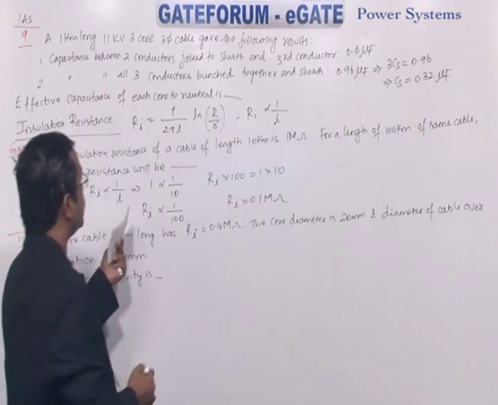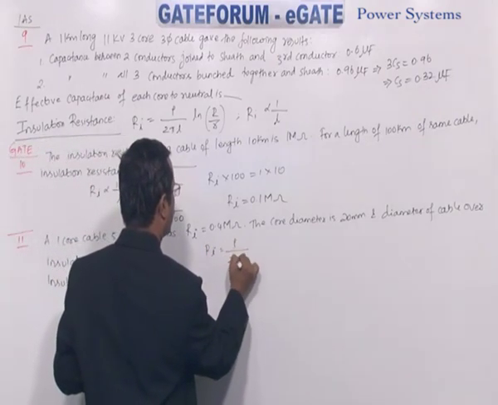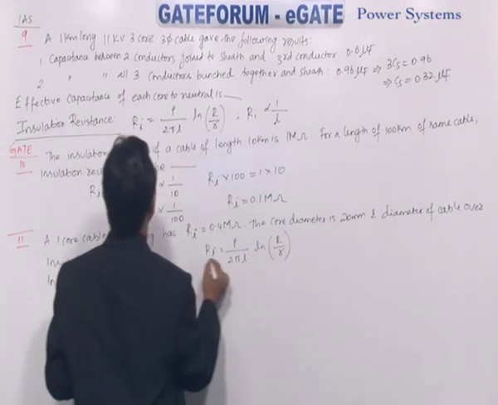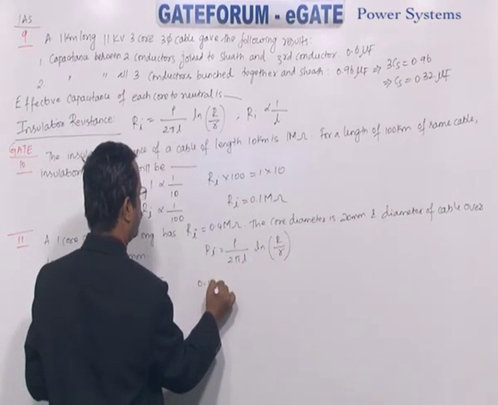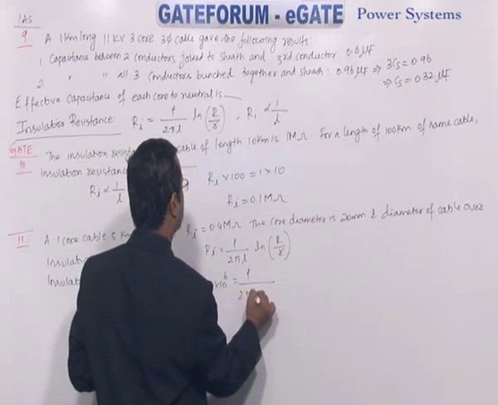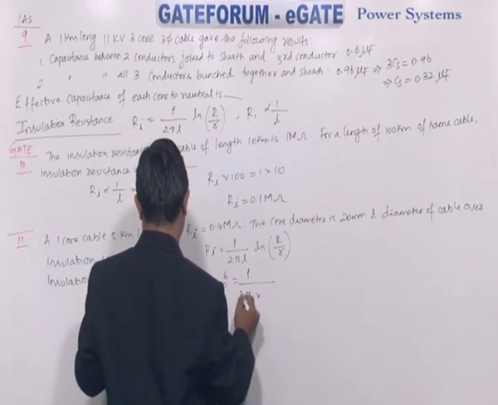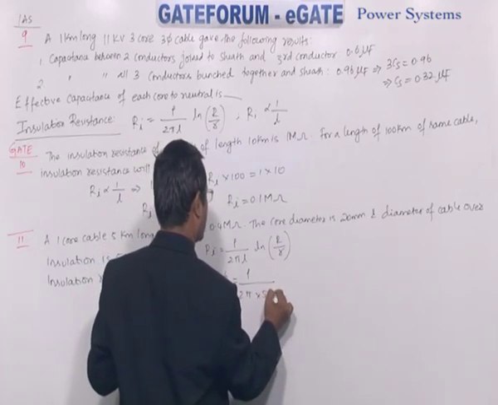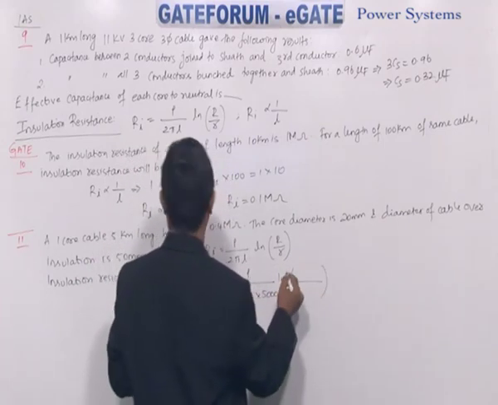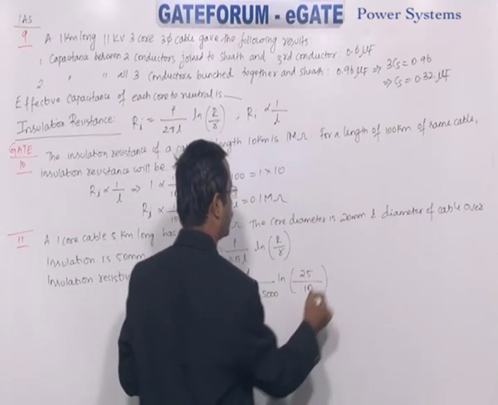So you know this basic formula. Ri is rho by 2 pi L natural logarithm of capital R by small r. So 0.4 mega ohms, rho you don't know. Length of the cable, how much given? 5 kilometers. And what about capital R? 25, small r is 10.